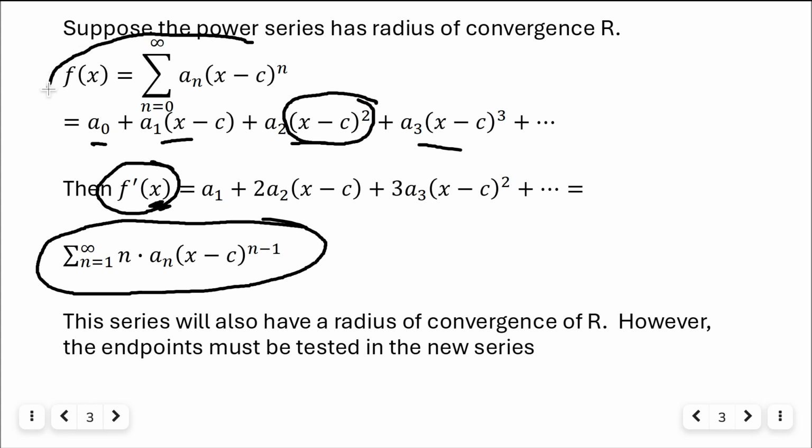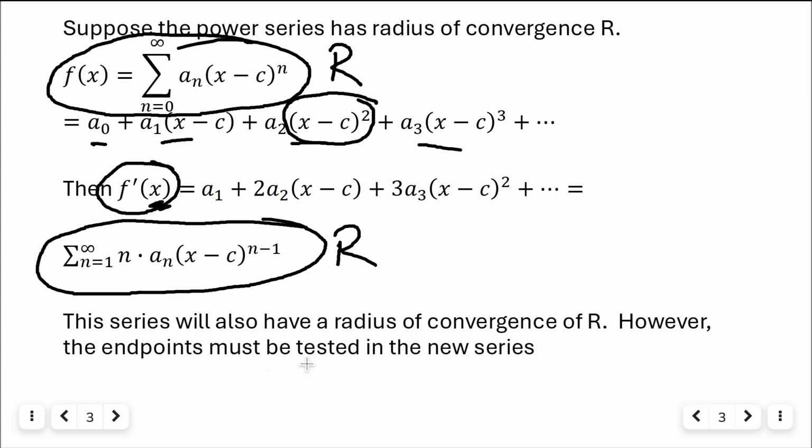Now, more importantly, this series will also have the same radius of convergence r that the function f had. R will be the same radius of convergence for the derivative. But the endpoints are up for renegotiation.